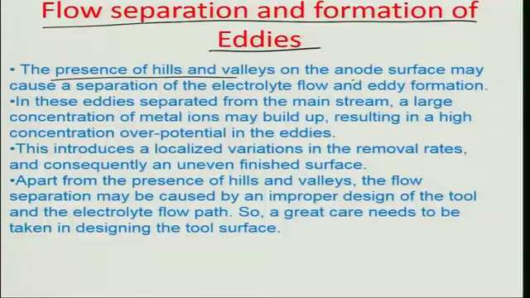As the electrolyte exits the interelectrode gap, there is really no guiding, and there is a sort of surface spreading of the electrolyte over that region, and the presence of hills and valleys on the anode surface because of such dissolutions causes a separation of the electrolyte flow and eddy formation.